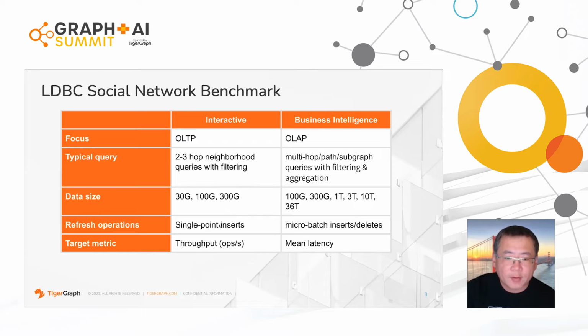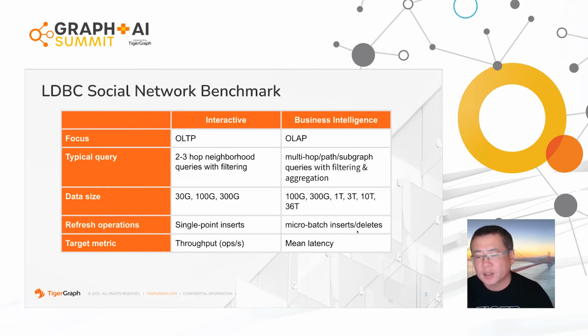The interactive workload includes mutation commands, such as inserting a new vertex. The business intelligence workload includes micro-batch update workloads, which mutate the graph with insertion of edges and vertices, and deletion of edges and vertices.